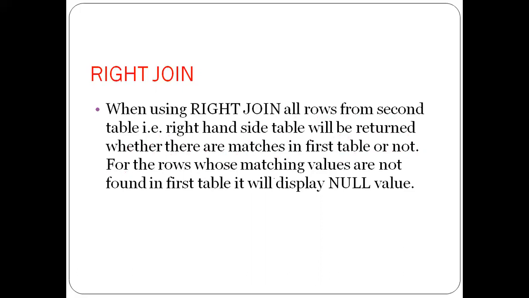For the rows whose matching values are not found in the first table, it will display null. Otherwise it will match the value from the first table. Just remember, the first table value will be matched from the right side.